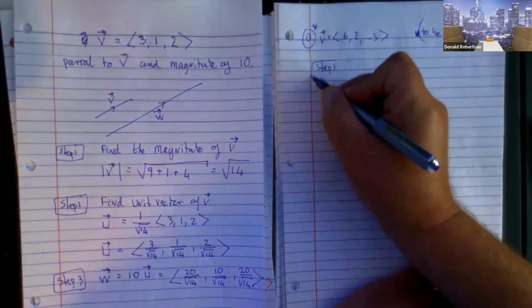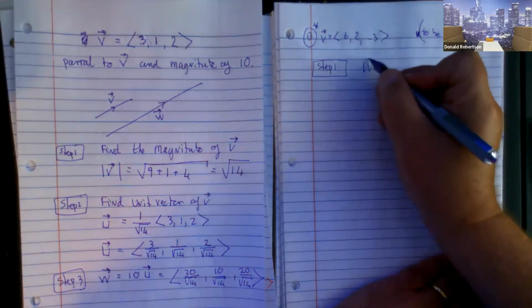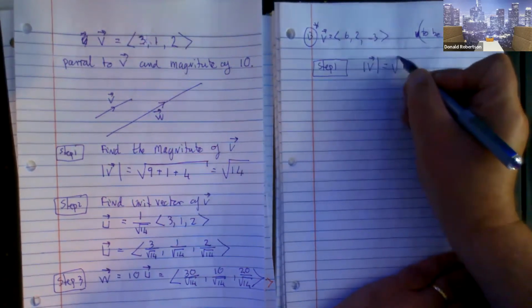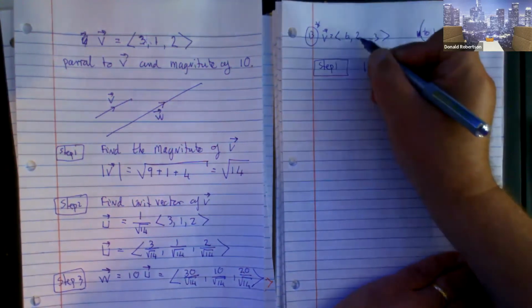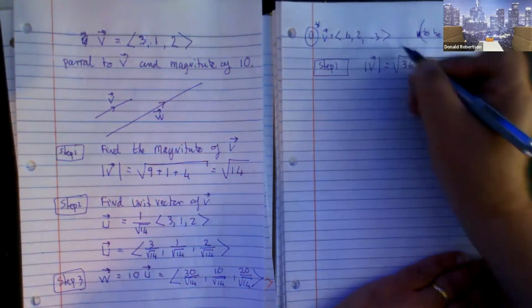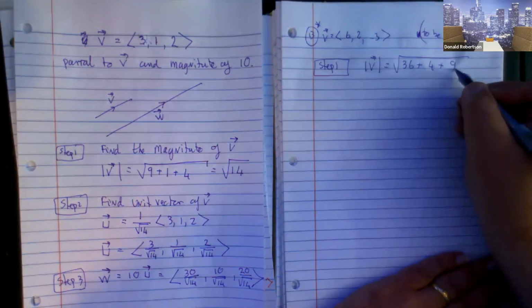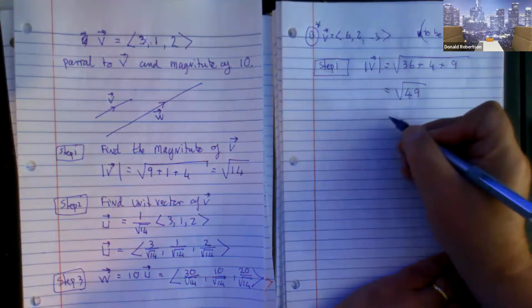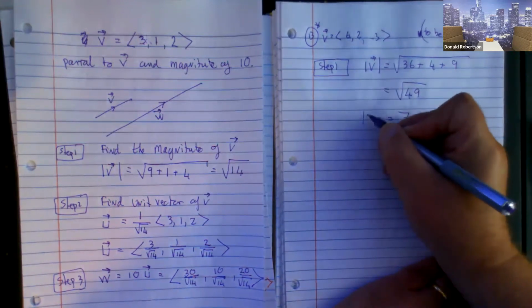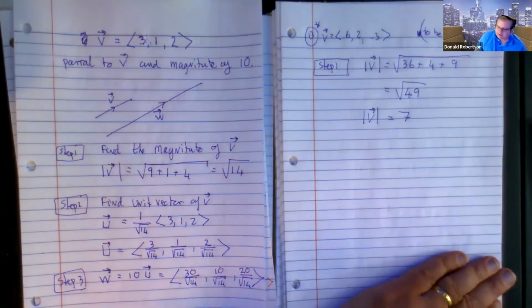So step 1 would be to find the magnitude of this vector, which is that guy squared, plus that guy squared, plus that guy squared, which ends up being the square root of 49, which is a very nice number, right? It's exactly 7.